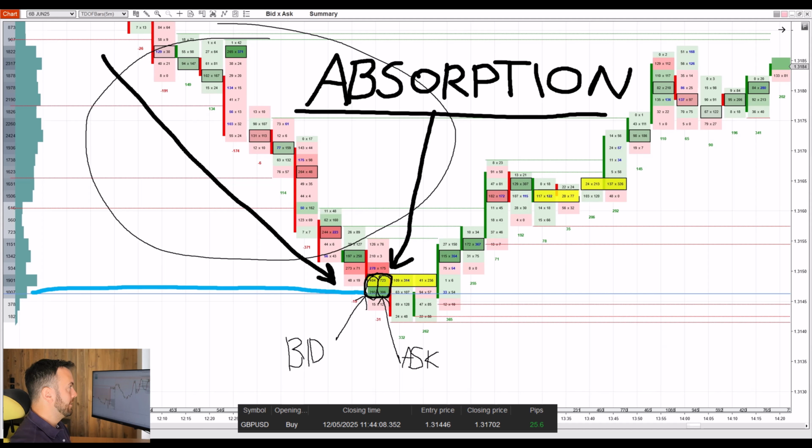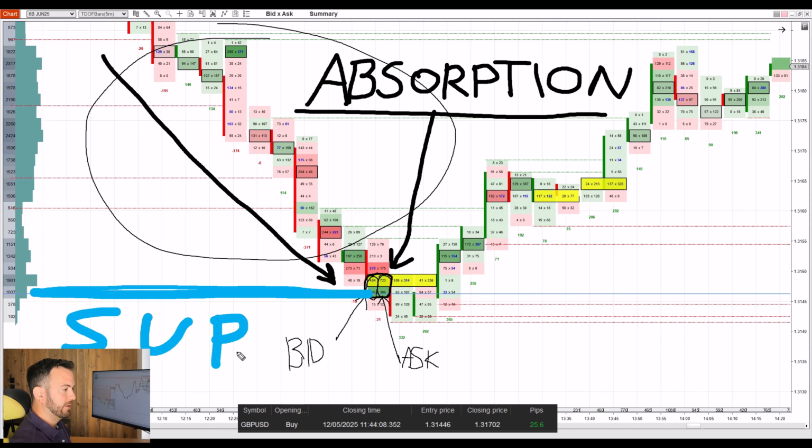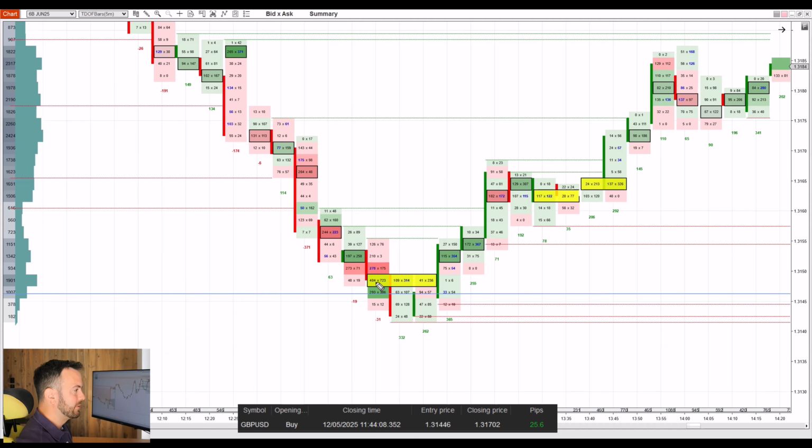When you see this around a strong support or resistance level, in this case we had this support level here, and that absorption took place exactly at that level, then this told me that the big players saw this trading level and that they wanted to trade it as well, right? So they started to jump in here, and what exactly happened here, if you look closer, then you can see those heavy volumes on bid.